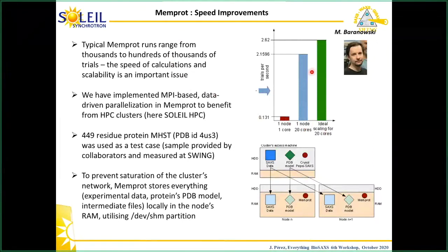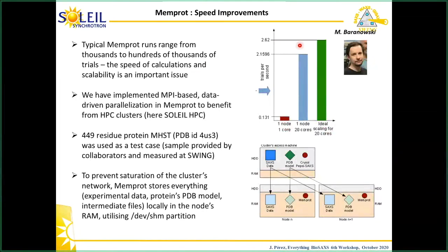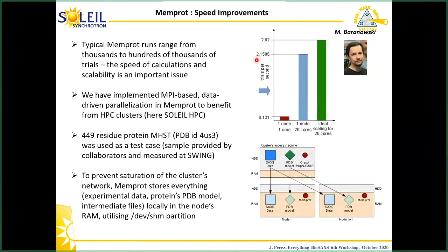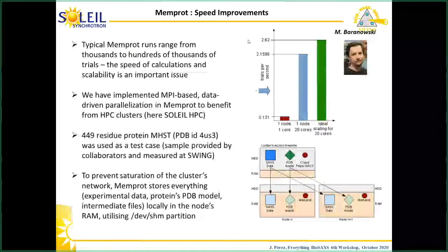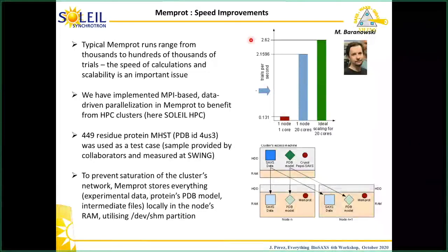As you can see from the evolution from 1 core to 20 cores, if it was perfectly parallelized, it should give 2.6 trials per second, and effectively it gives 2.16. So we are very close. It's not completely fully parallelized, but it's almost. So the parallelization process, or the way he wrote it, is really very effective.